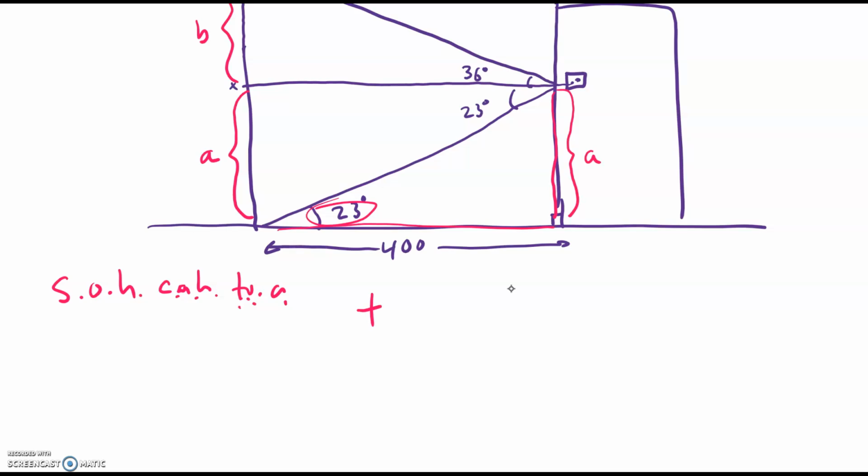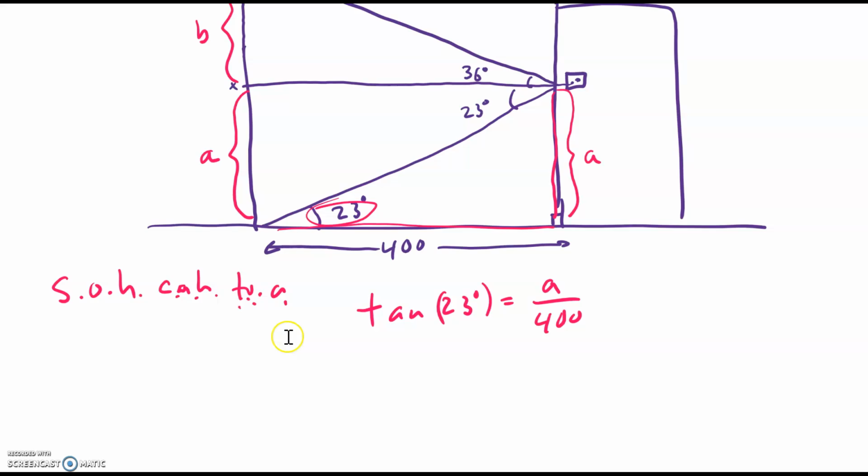So the tangent of 23 degrees is equal to A over 400. Once again, that's tangent of 23 degrees equals the opposite side, A, divided by the adjacent side. And then we can solve for A. But let's not do that quite yet.